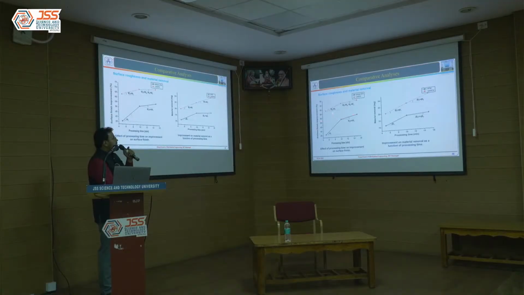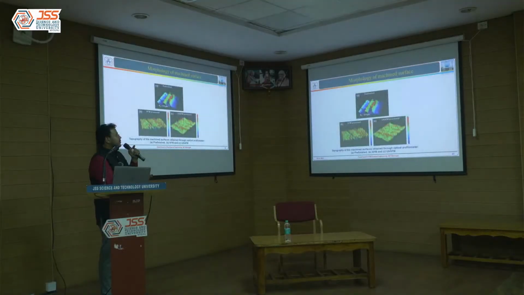Whereas with 5 minutes of processing time with ultrasonic frequency, we could achieve nearly 65% improvement, which you could not achieve even after 15 minutes using the simple AFM process. The same result is observed in material removal, and we concluded that the process has become rapid and fast when we vibrate at higher frequency.